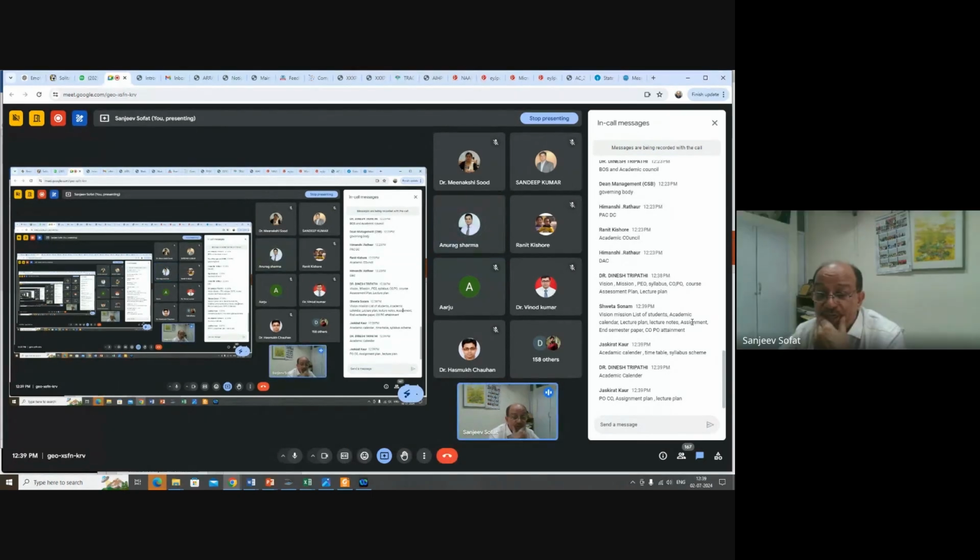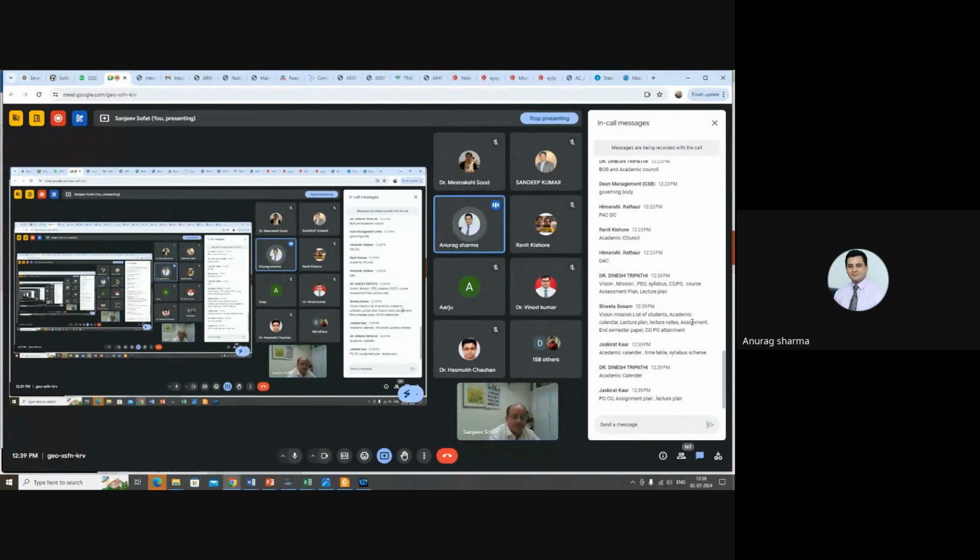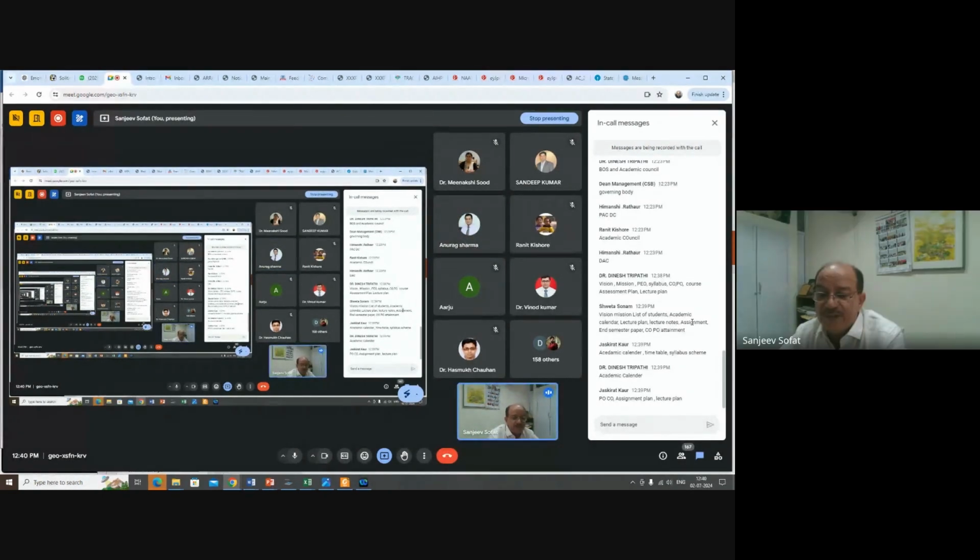Yeah, that's good, Anurag. Then the syllabus, then mappings of CO and PO statements, and the evaluation mechanism, everything, how exactly this has been evaluated. Yes.